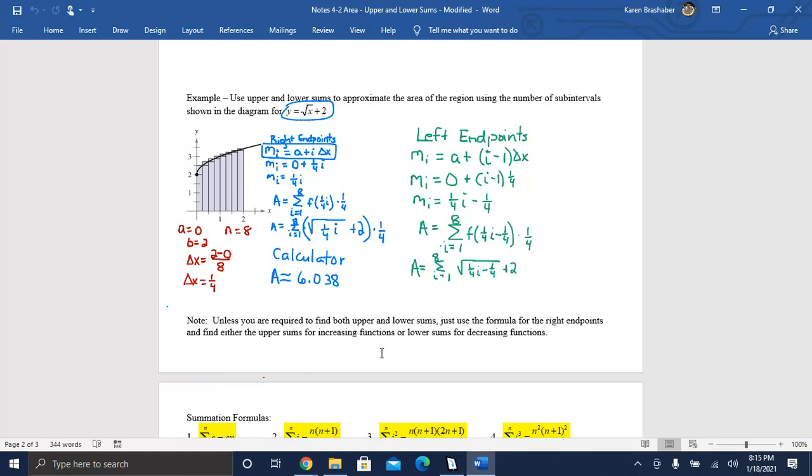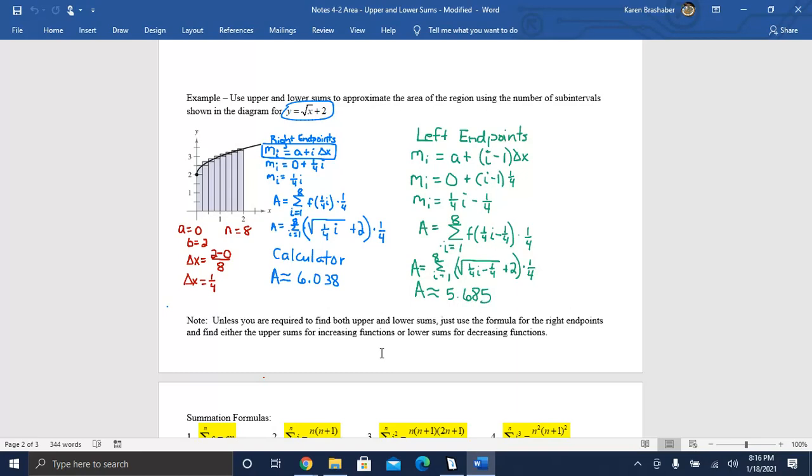Don't forget to do that because all of that's part of your formula. And then times the width of 1/4. And you use your calculator again, and you should get your area approximation to be 5.685.